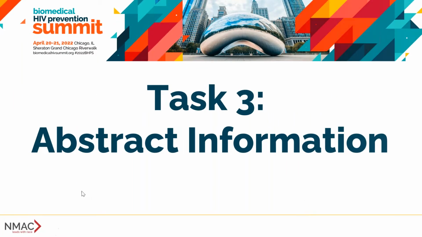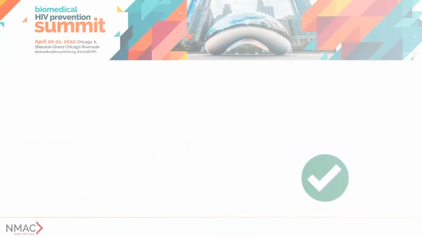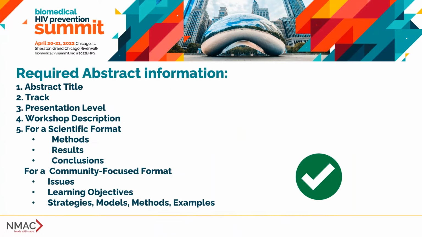Task 3, abstract information. Required abstract information is as follows: the abstract title, your track, presentation level, your workshop description. If you're submitting a scientific format, you'll need to include your methods, results, and conclusions.